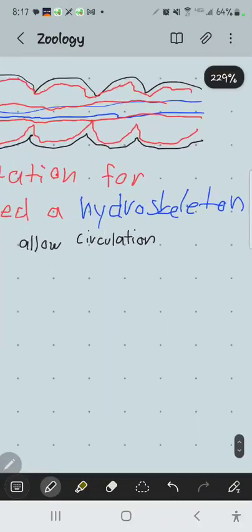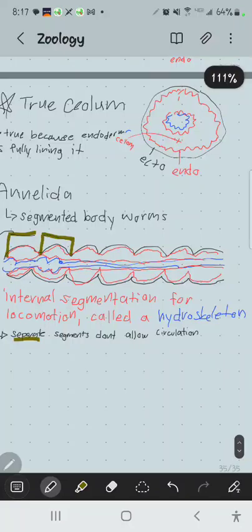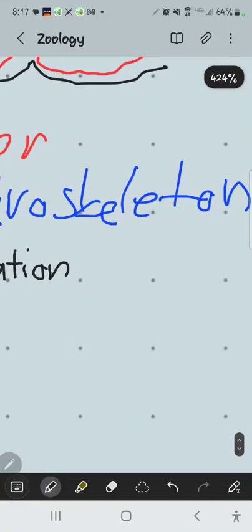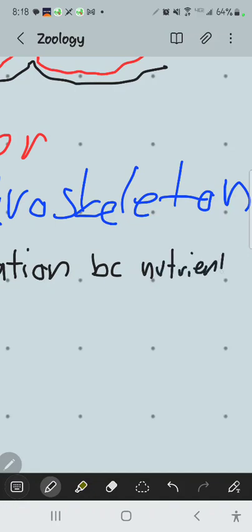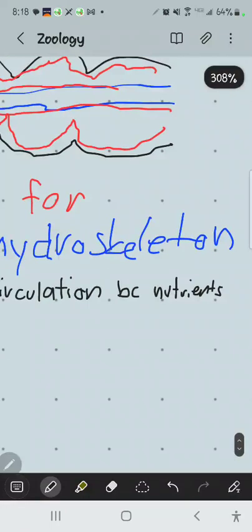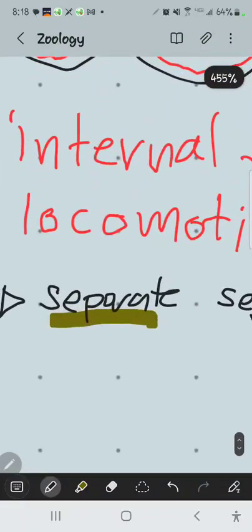Let me go ahead and redraw this without all the compartmentalization. I'll redraw a segmented worm just on the outside, and let's go ahead and put in the gut.